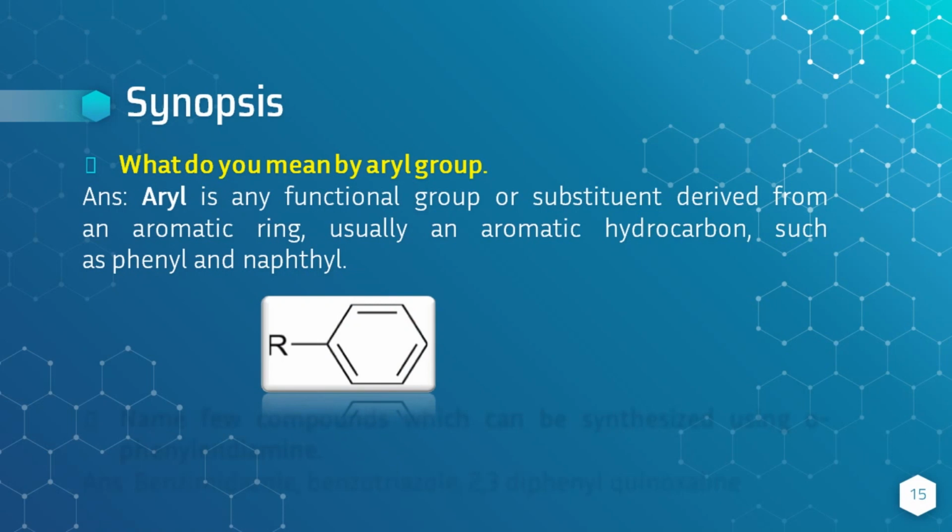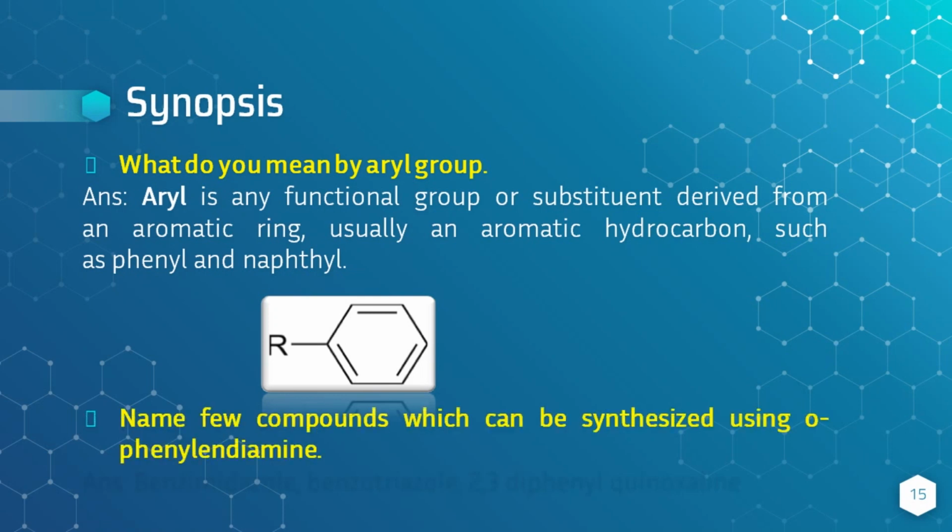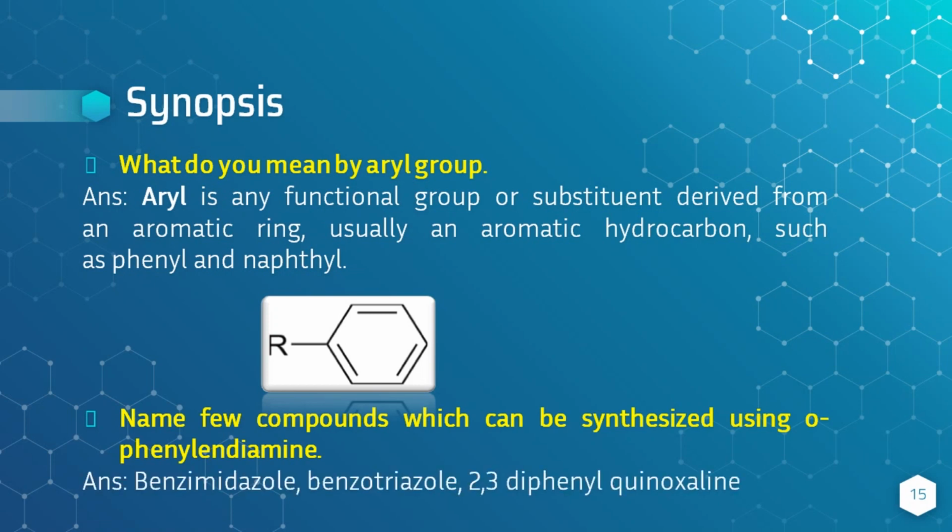So here you can see the structure of the aryl group. Next question is, name a few compounds which can be synthesized using orthophenylene diamine. So some of the compounds are benzimidazole, benzotriazole and 2,3-diphenyl quinoxaline.